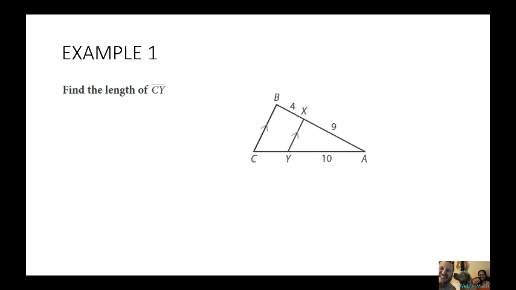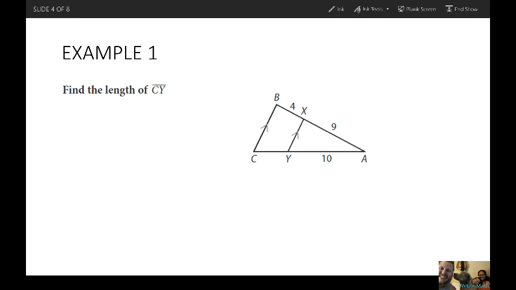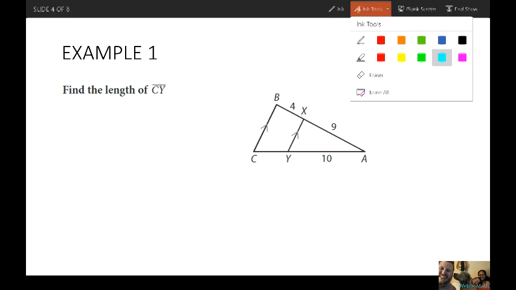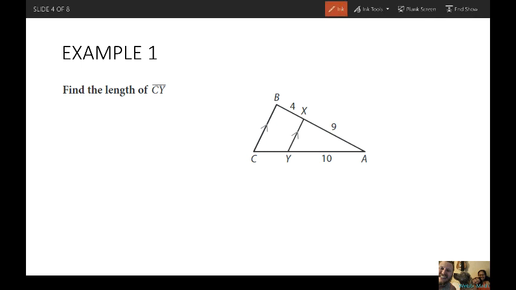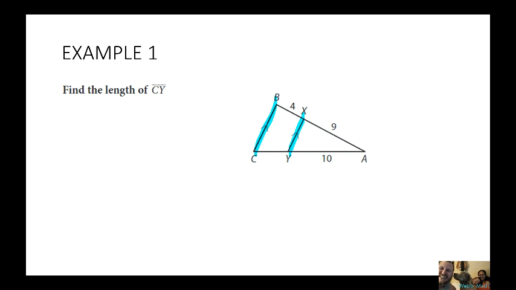Example 1, find the length of CY. So notice in your image that they go ahead and tell us that BC is parallel to XY. Awesome. So it kind of gives you like, all right, just set it up. So they tell us that they're parallel, CB and XY.